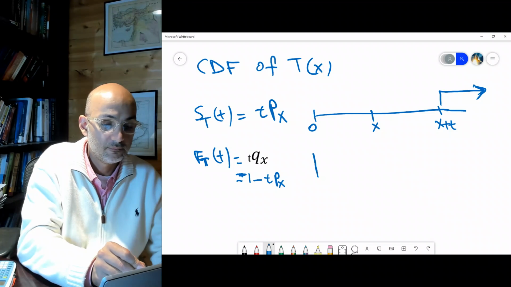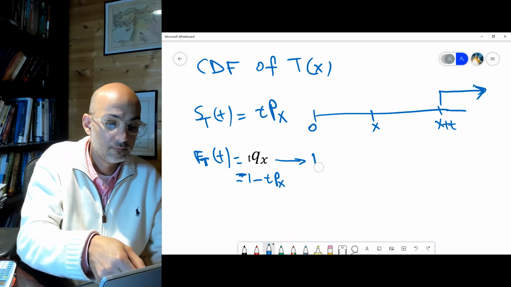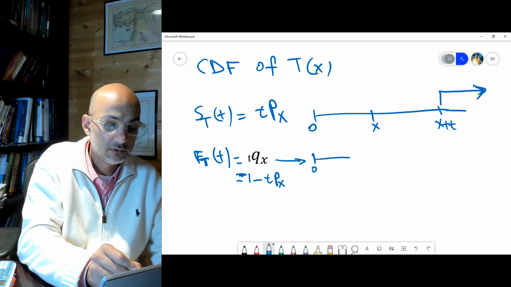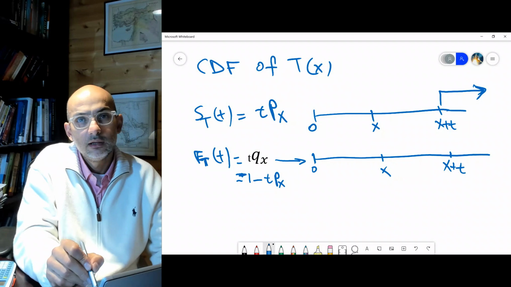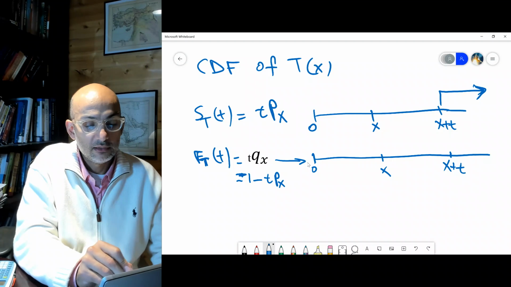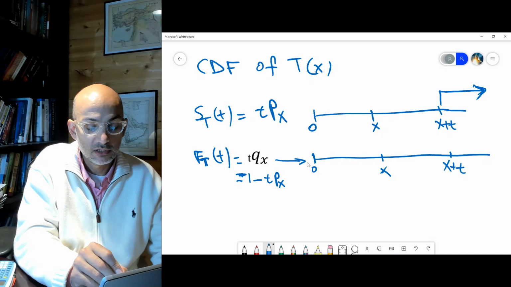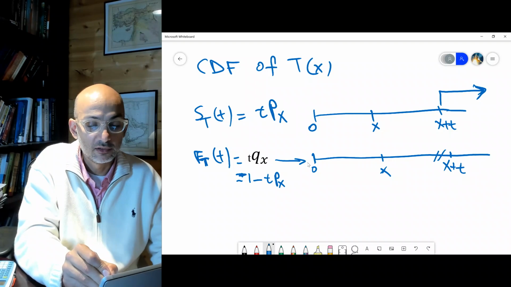This TQX is now age 0, age x plus t, and this is age x. Now this is somebody who survived to age x, maybe age 40, and the death happens between x and x plus t.